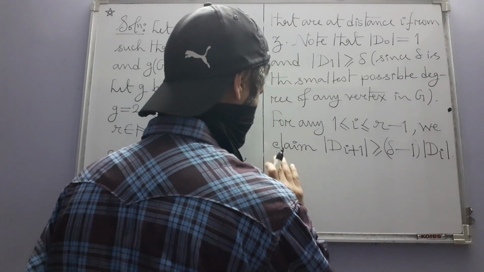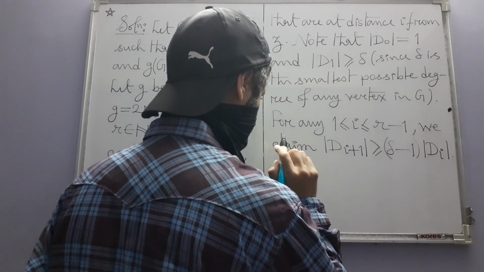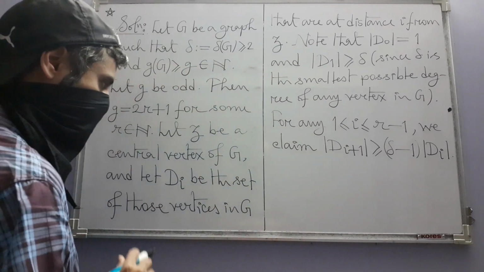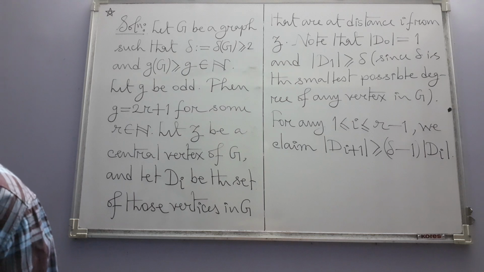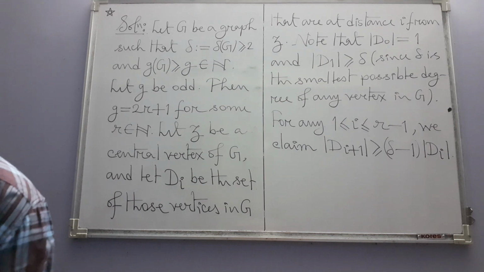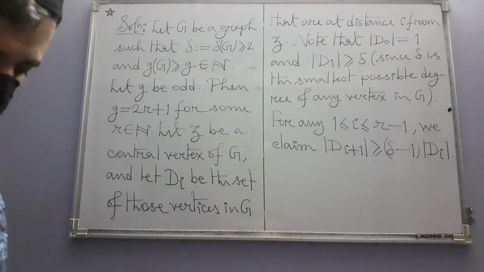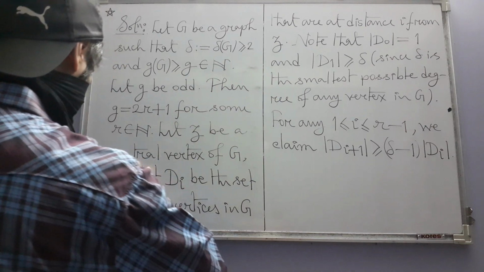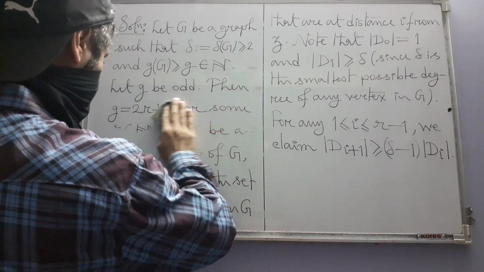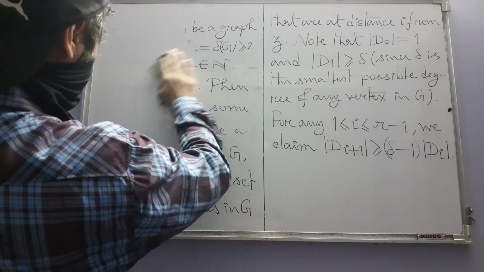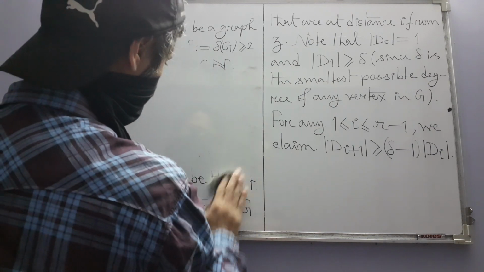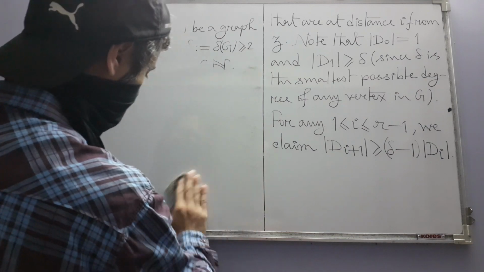Now to establish this claim, first of all, let's try to understand the situation by drawing a figure. And in the figure itself, we will establish our claim and then we will write.